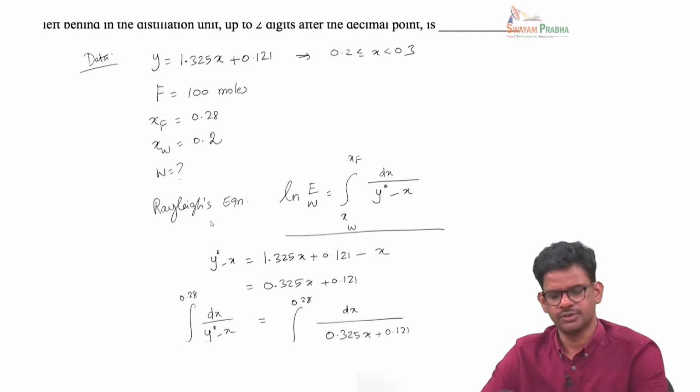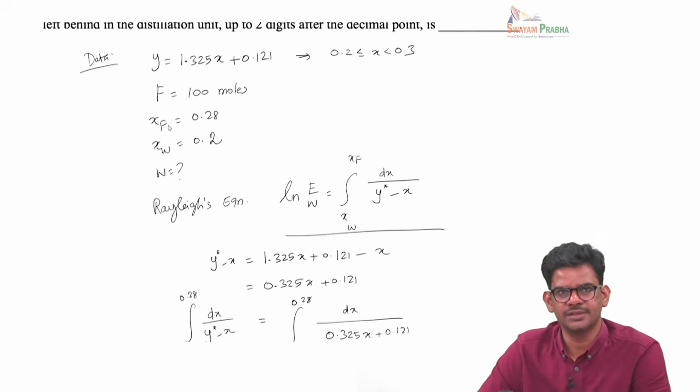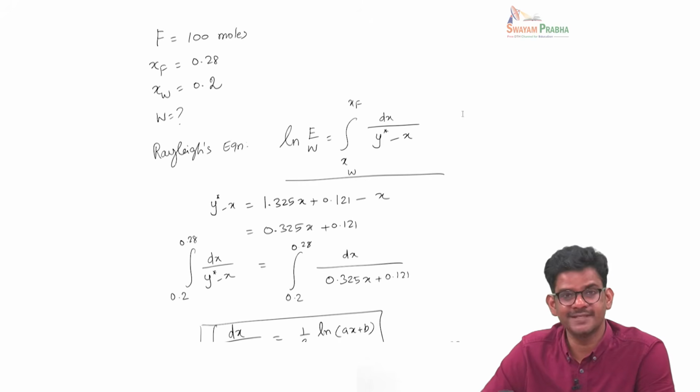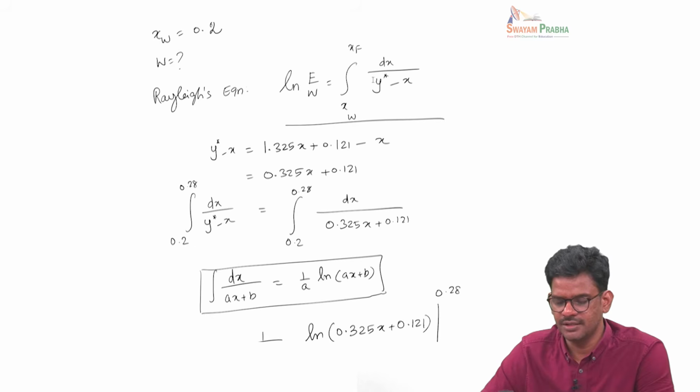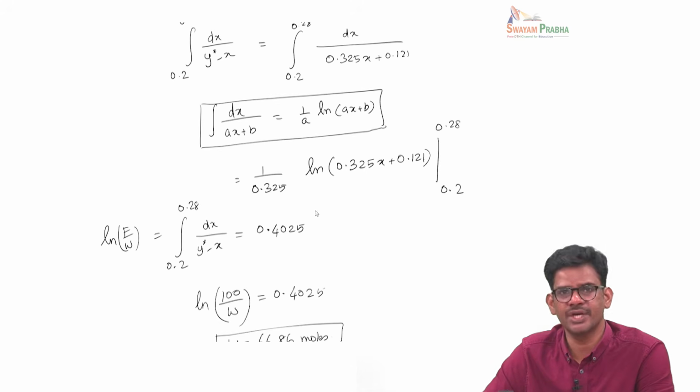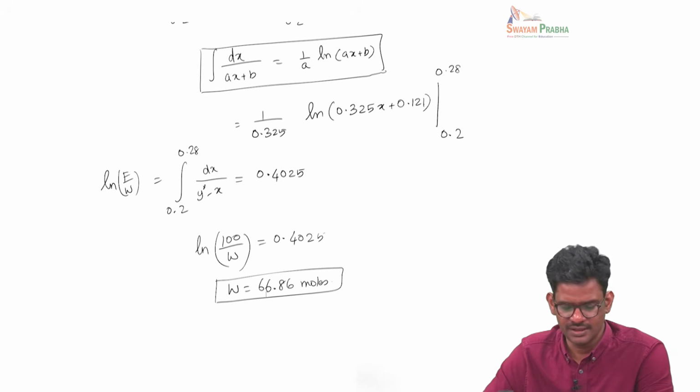So this is basically a batch distillation problem where we start with the Rayleigh's equation, and the equilibrium line is given using this particular relationship. Then we know the limits XW and XF, and it's a direct integration and substitution, and then we will know that the only unknown, that is W, is 66.86 moles in this problem.